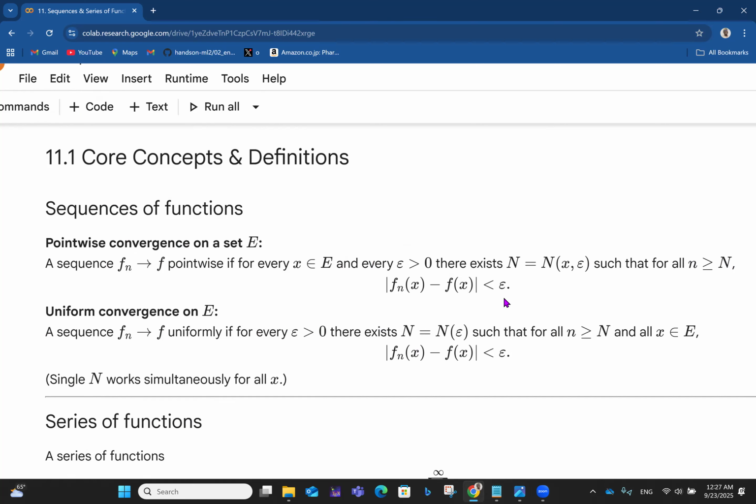It's talking about the general concept of convergence, except that here we are dealing with a sequence fn converging to a particular function f.